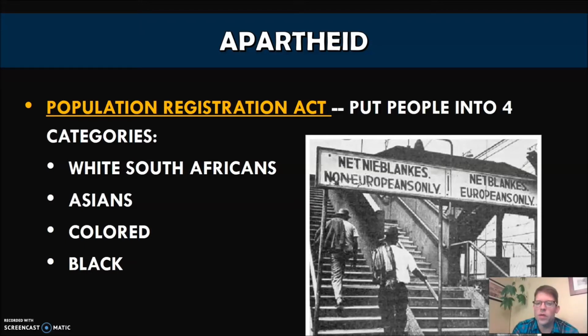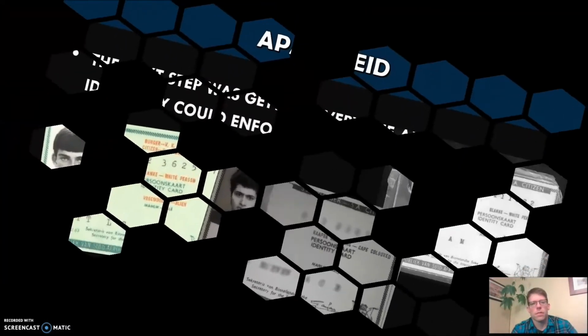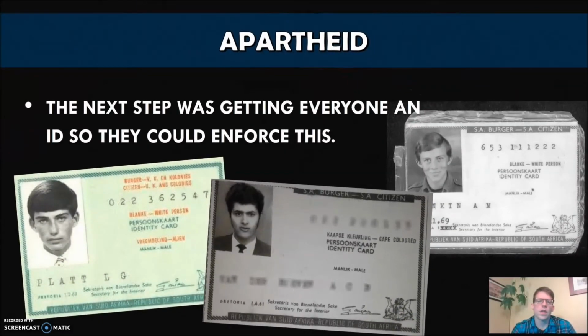It meant someone of mixed race. So once they got you into one of these four categories, you would be assigned one of these IDs that you would have to carry in case you ever had to prove your race. So if you look at them close, you can see it says white person on this one, and this one says colored, and this one here also says white.